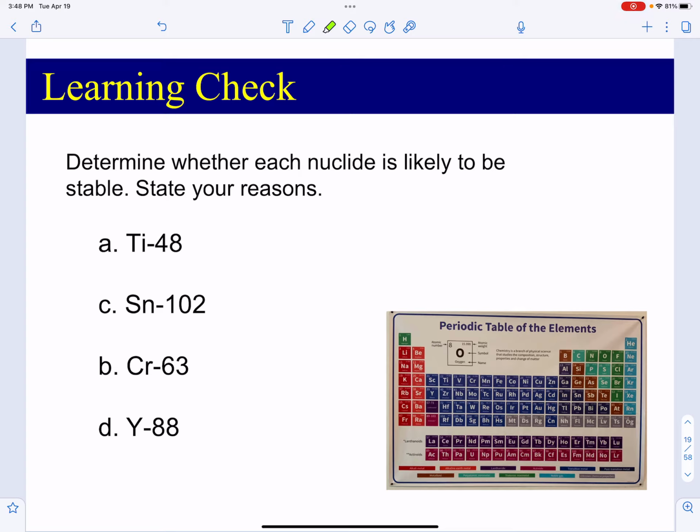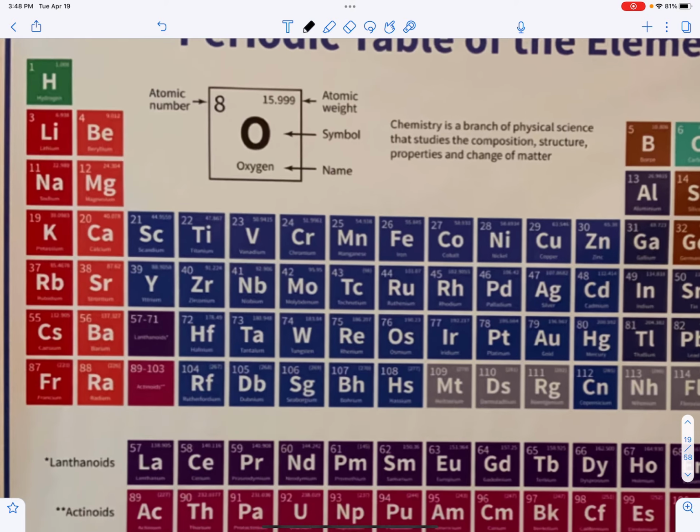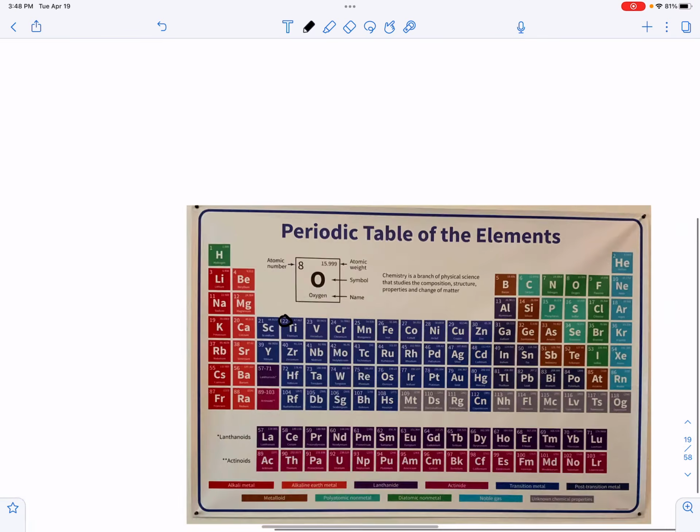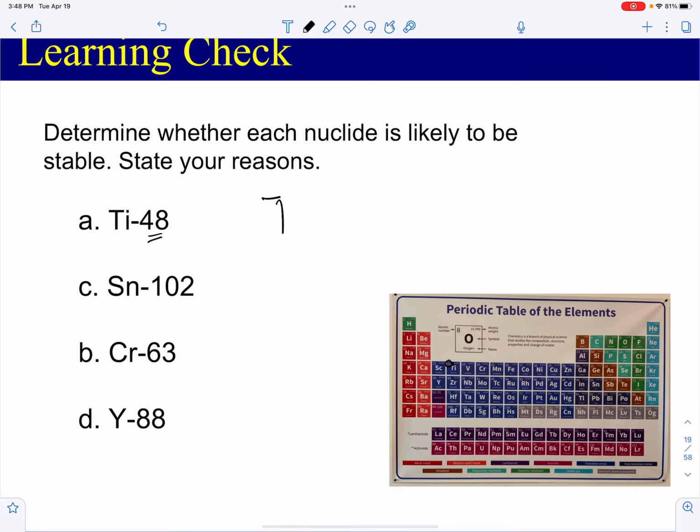Determine whether each nuclide is likely to be stable, and state your reasons. So titanium-48, mass number 48. Titanium has atomic number 22. So this is titanium-48. Even number, so that may be stable.